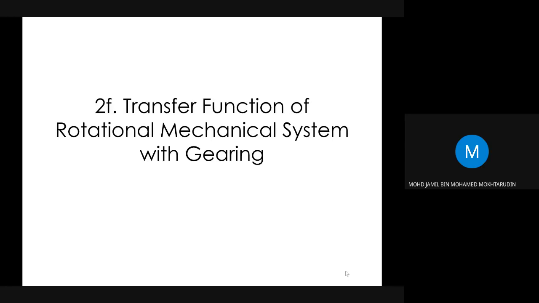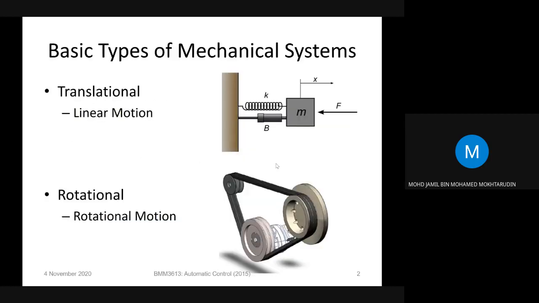But commonly in the exam, you will be asked about a system with gears. In this topic, students will be able to create the transfer function of a rotational mechanical system with gearing. So this is a recap.